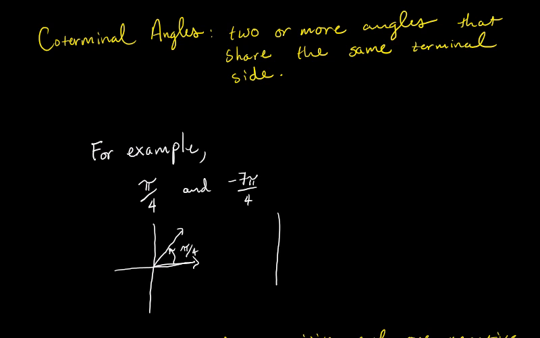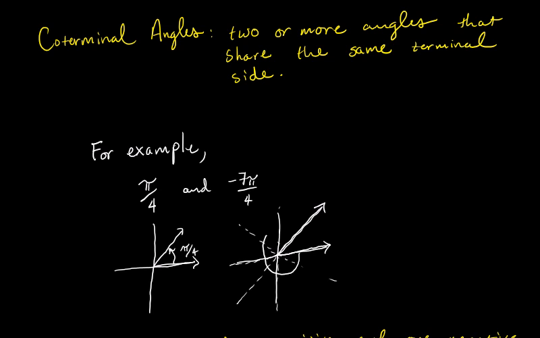Negative 7 pi fourths, excuse me. Negative means here's my initial side, and negative means we're going to go clockwise. And so here's 1/4, 2/4, 3/4, 4/4, 5/4, 6/4, and then notice 7/4.